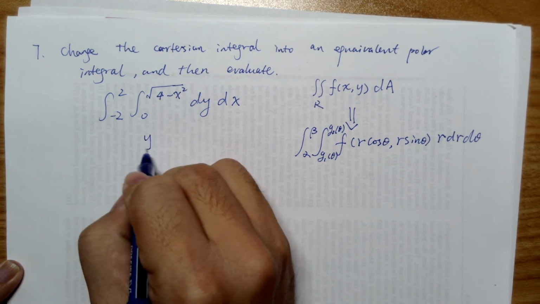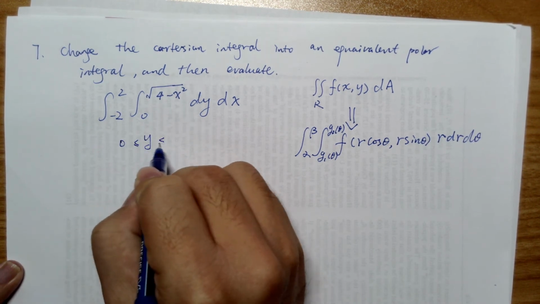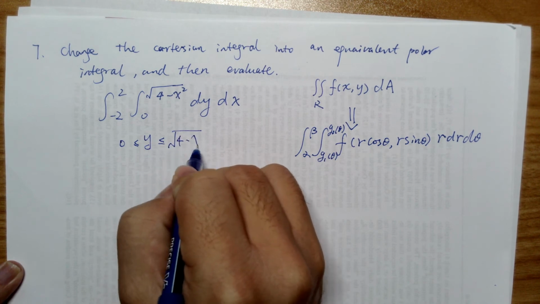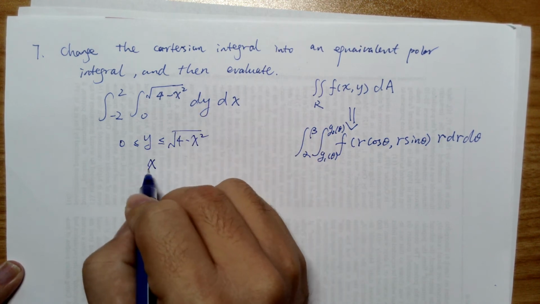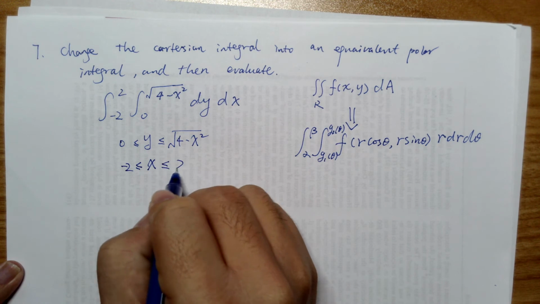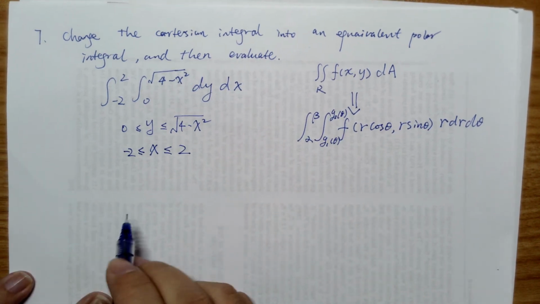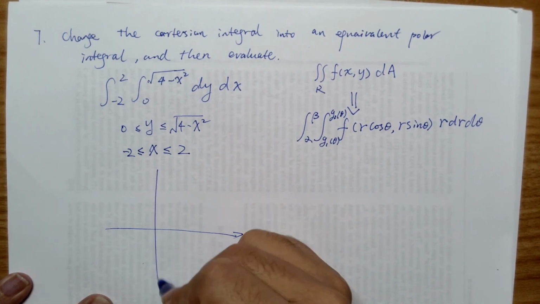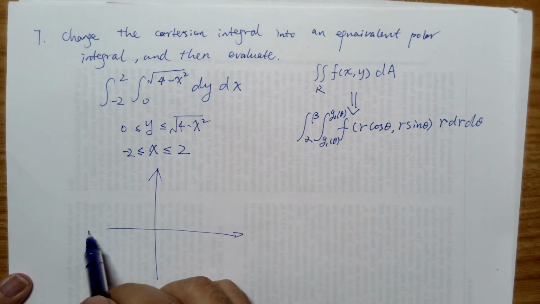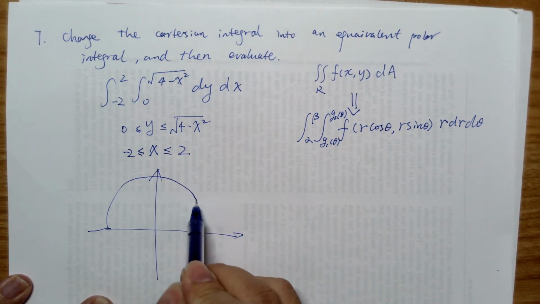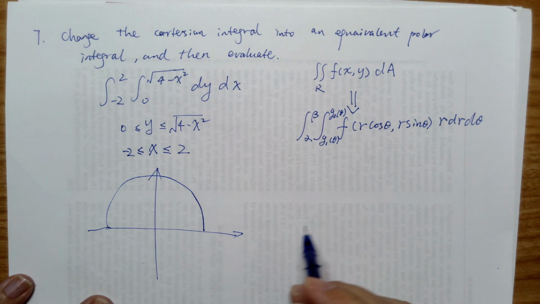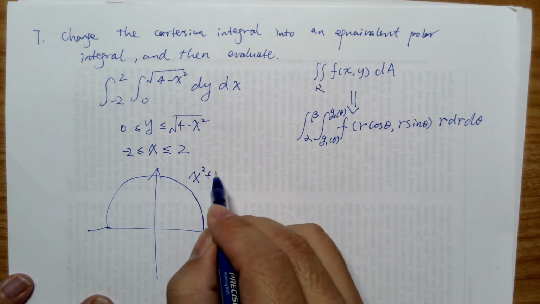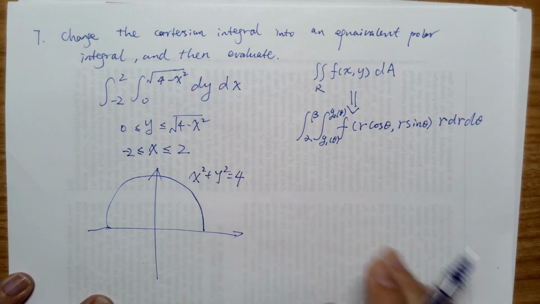So y is greater or equal than 0, less or equal than square root of 4 minus x squared. And also x is between negative 2 and 2. So if you draw it out, you will see that this is going to be the half of the circle, and this is x squared plus y squared equals 4.